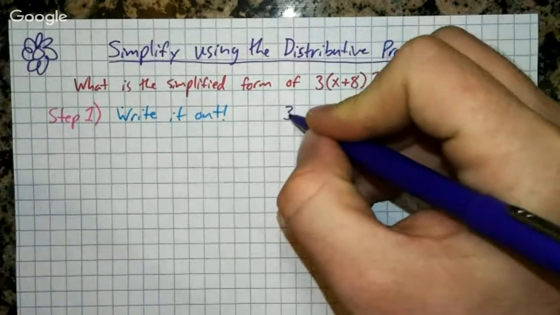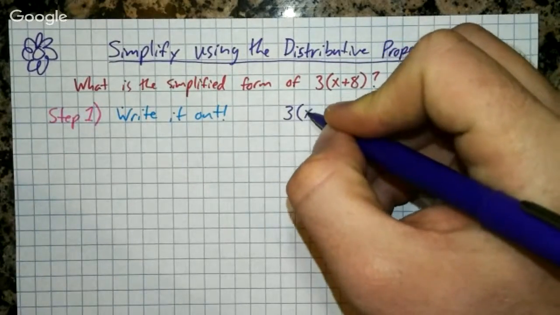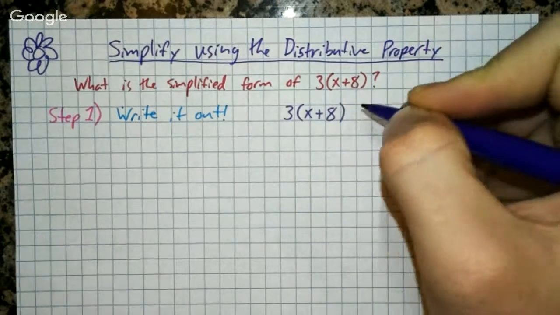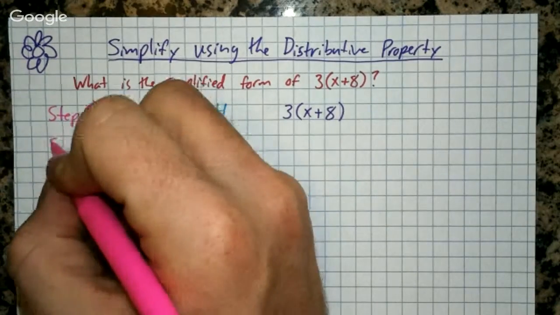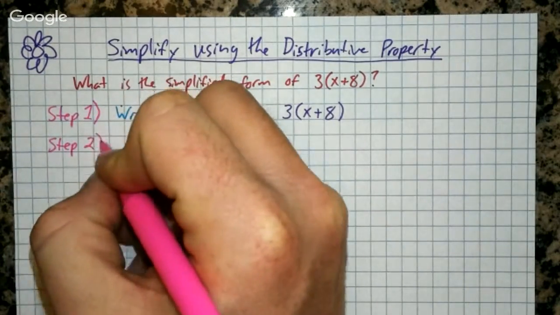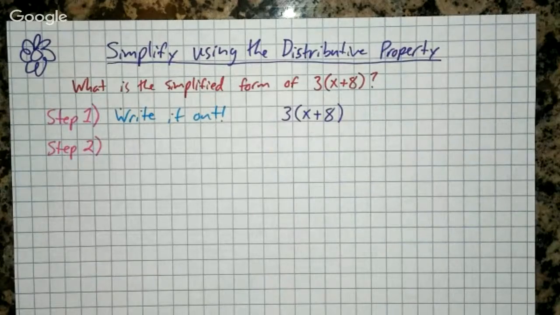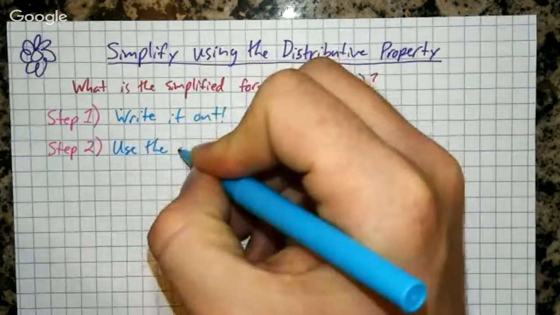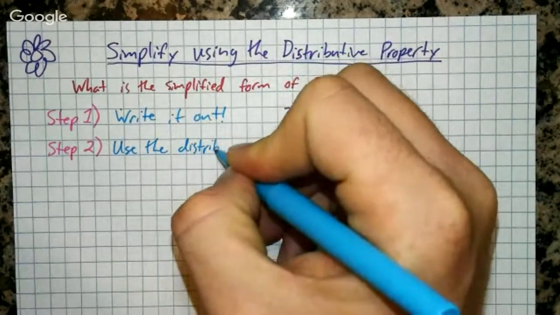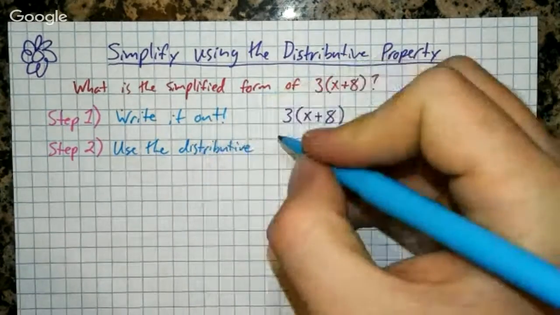Well, let's go ahead and rewrite 3 times the quantity x plus 8. That's step 1. Always should be your step 1. Step 2 is to use the distributive property.